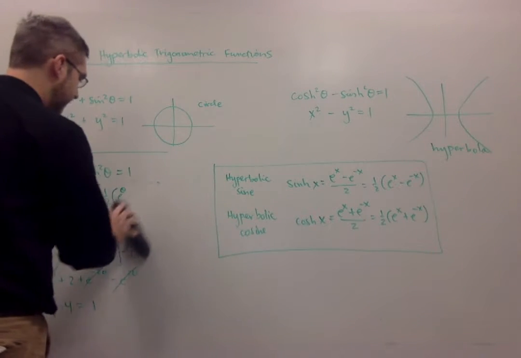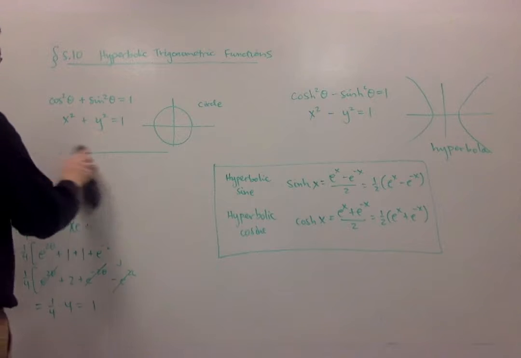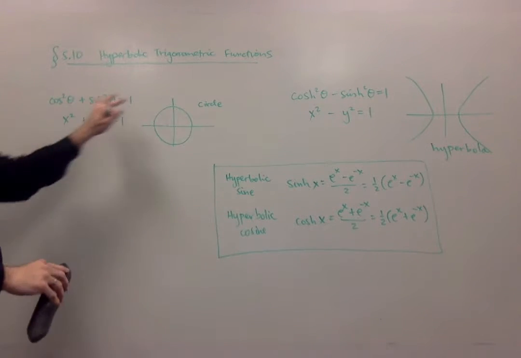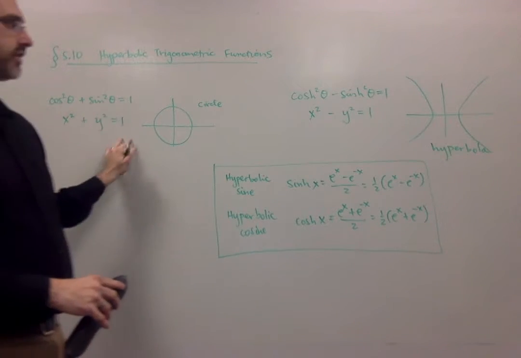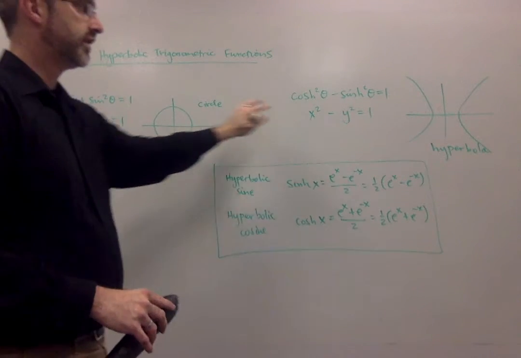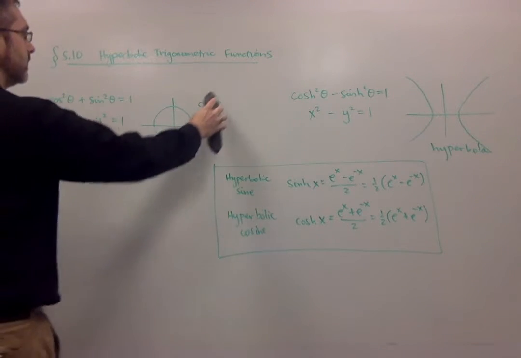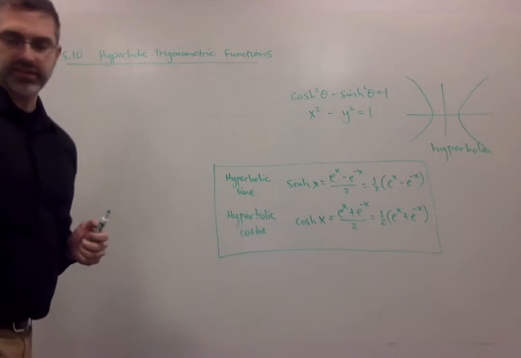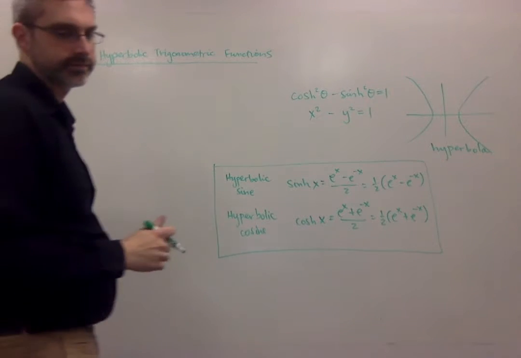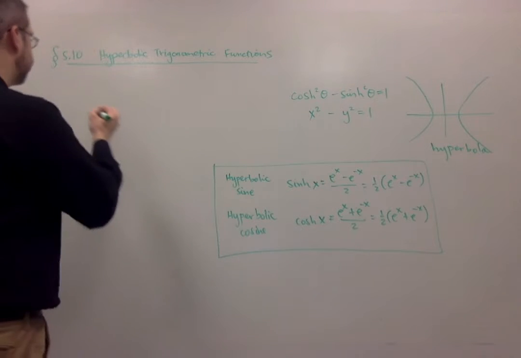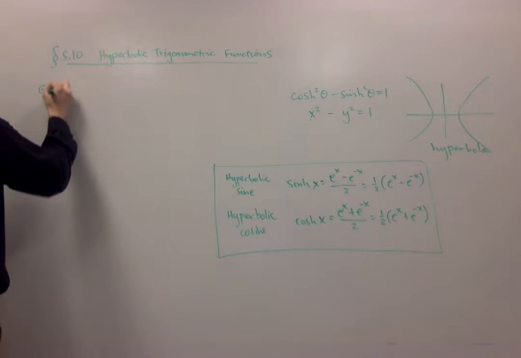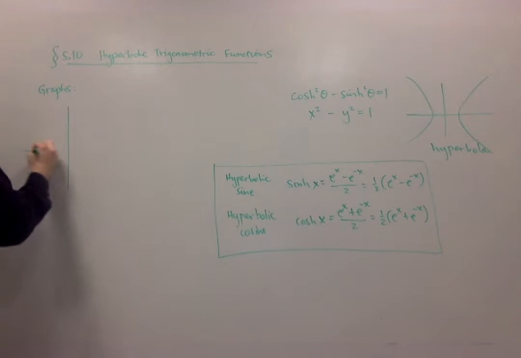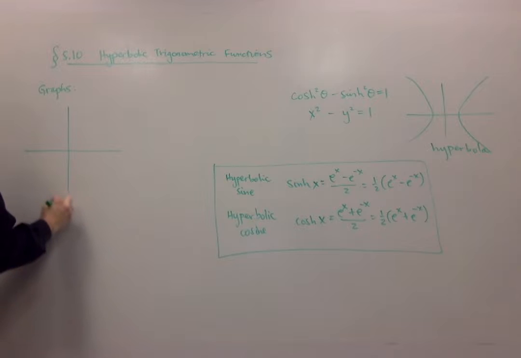Now, I haven't explained really why they're called trig functions yet. We'll get to that in just a second. You can see a little bit of analogy between these trig functions and these trig functions. We'll get to more in just a second. But let's actually look at what the graphs of these two functions look like, okay? So the graphs of these two functions, let's start with hyperbolic sine.